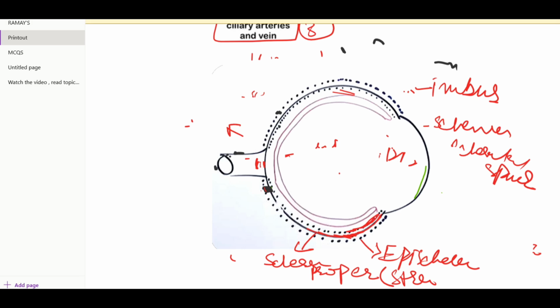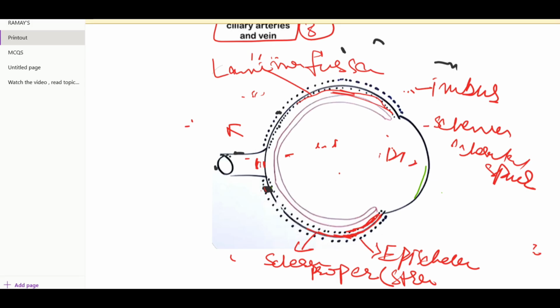This whole layer is known as the lamina fusca. Actually, this is a part of the sclera, and the innermost layer is the endothelium.